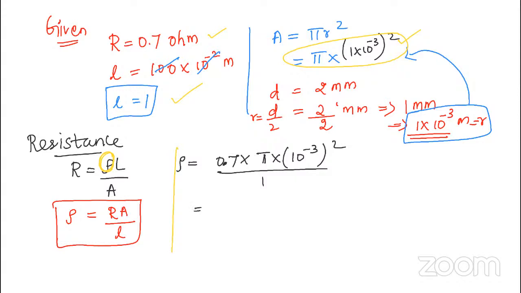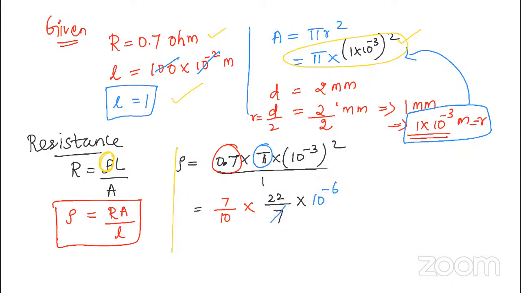Okay. So here 0.7 we can write it as 7 by 10 into pi oda values ku we can write it as 22 by 7 into idoda powers convert panni ezhuthanumna it becomes 10 power of minus 6. Okay.